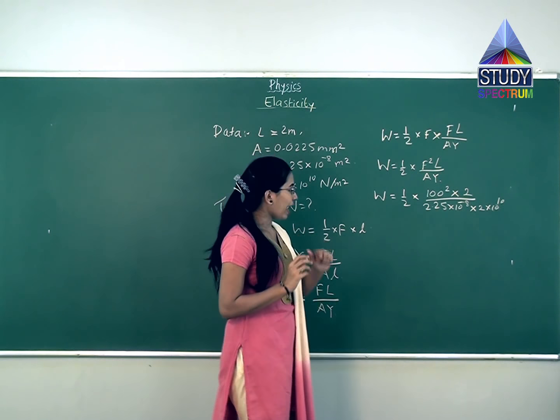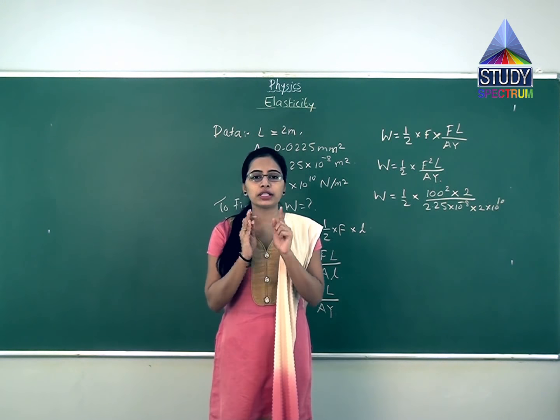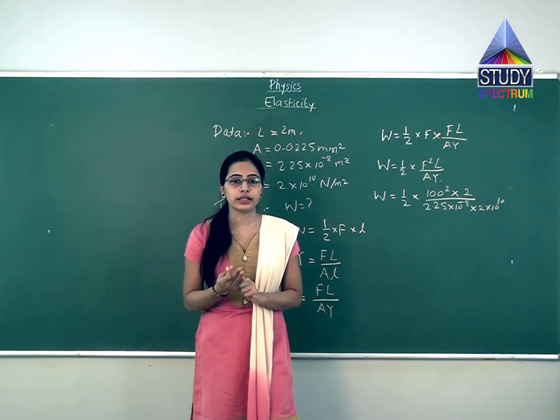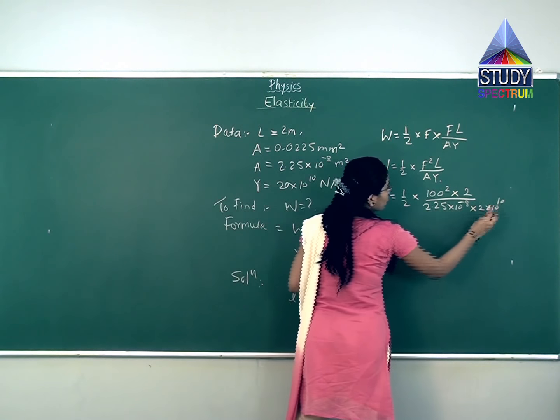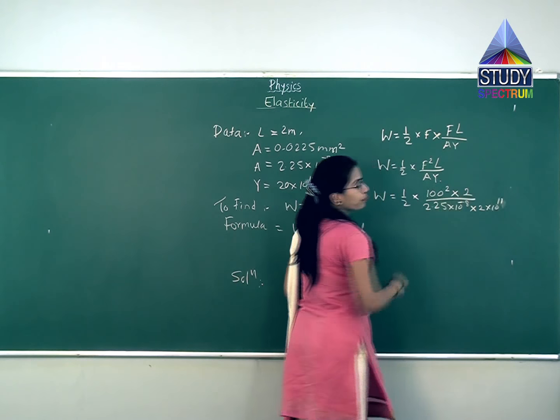Here actually the value of Young's modulus for steel is 20 into 10 raised to 10, so we will modify it and accordingly I will change my power.